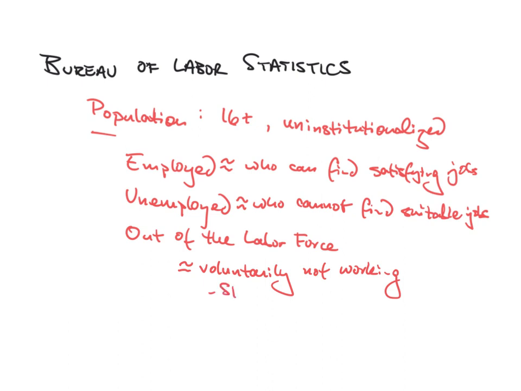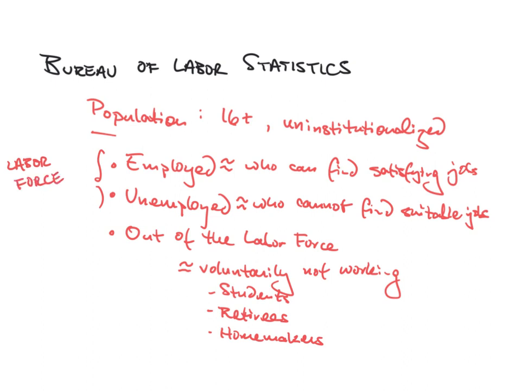So these are groups like students, retirees, homemakers, stay-at-home parents. Okay, those people are typically out of the labor force. But again, everyone falls into one of these three categories: employed, unemployed, or out of the labor force. And these first two categories together, these are the labor force. They measure the number of people who want to have jobs, who are willing and able to work.